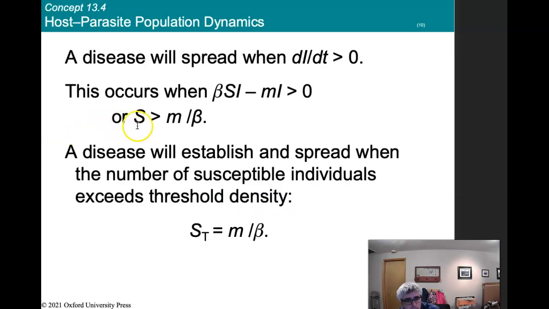This occurs when S, the susceptibility, is greater than the recovery and death rate divided by transmission.